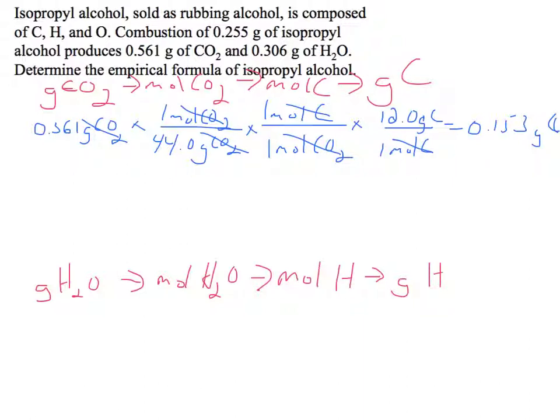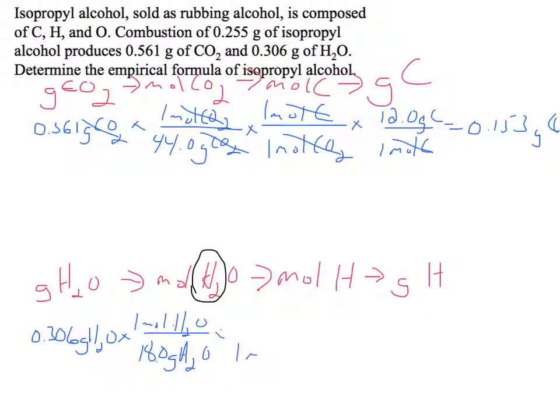We can then do the same thing for the water, although here we have to remember that there are 2 moles of hydrogen for every 1 mole of water. We're starting with 0.360 grams of H2O, and there are 18.0 grams of H2O in 1 mole of H2O.